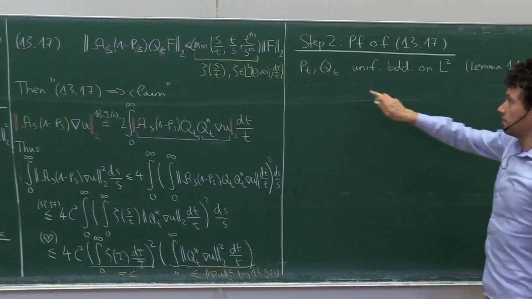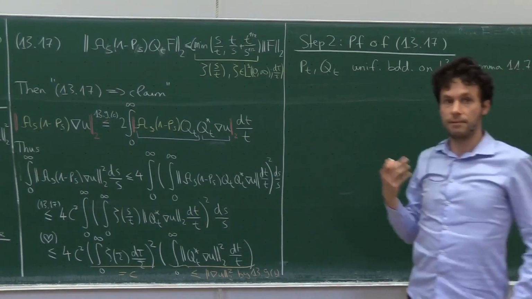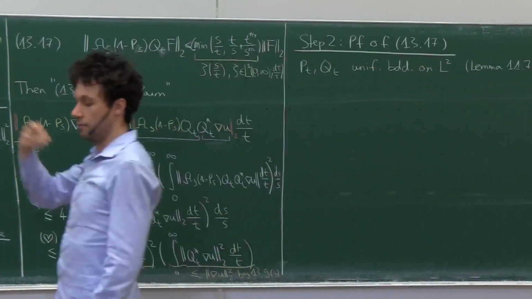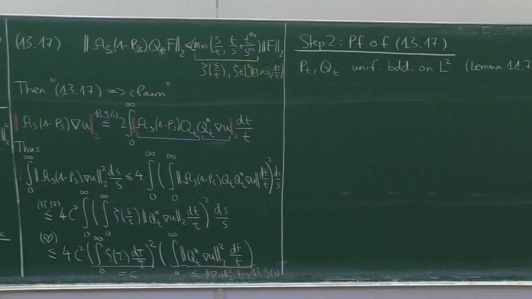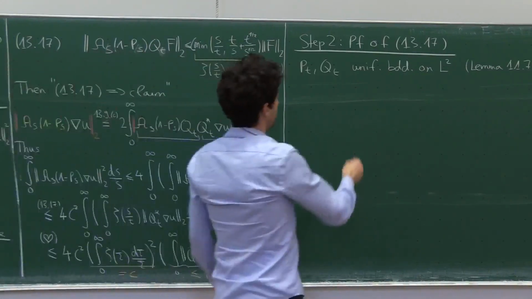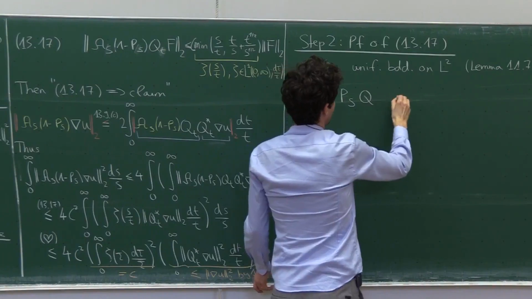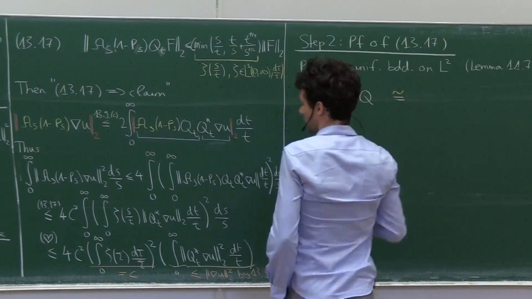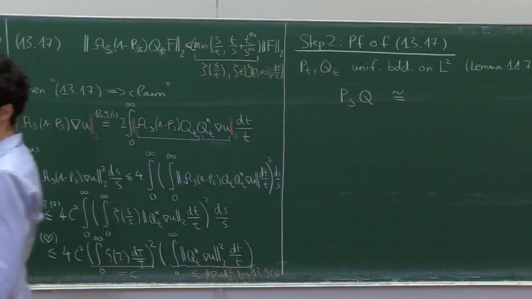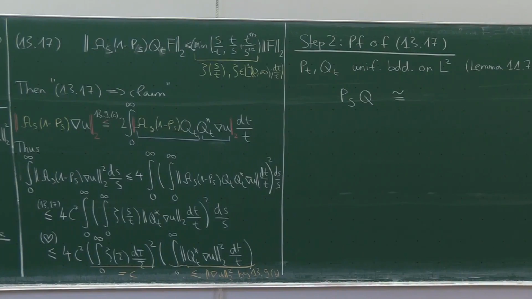And these operators, the best way to understand them is in Fourier space. You should do the Fourier transform, and then they become equivalent unitarily to multiplication operators by nice functions. Okay, and so P_s Q_t under the Fourier transform, what is it going to be?